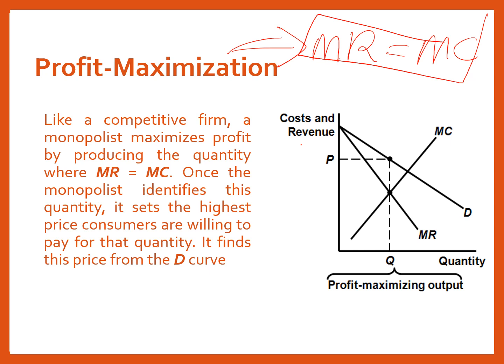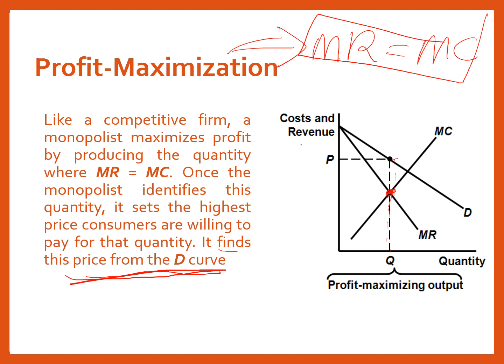So kalau awak tengok dekat graph di sini, okay, this is the MR, this is the MC. So bila MR bertemu di sini, okay, when the MR touches the MC, you drag the point here sampailah ianya menyentuh demand. Sebab dia kata kat sini kan, in order to find the profit maximization, you boleh cari from the demand curve. So macam mana you nak cari daripada demand curve bila the MR is touching the MC.